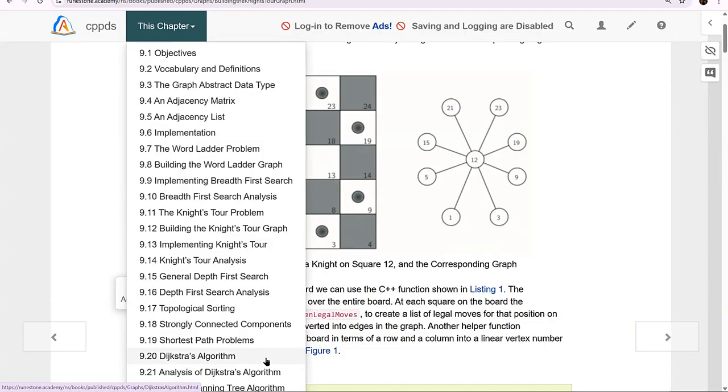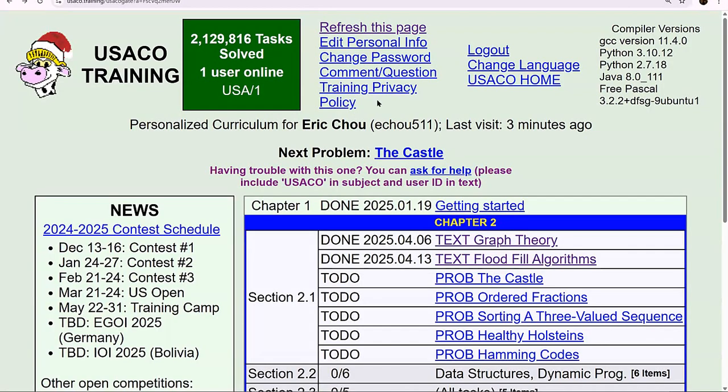Then the knight move and the king move algorithms when you do 2D traversal for the chessboard. Okay, and that's about it for this chapter's basic algorithms for graphs.